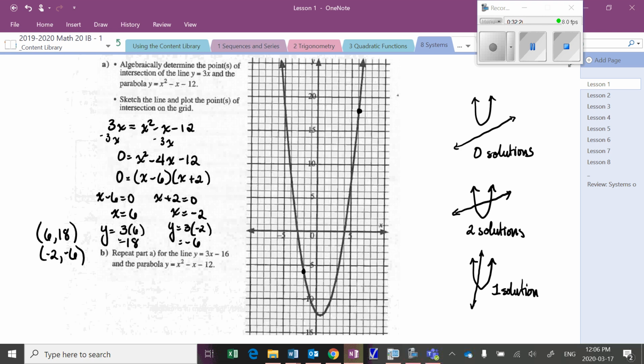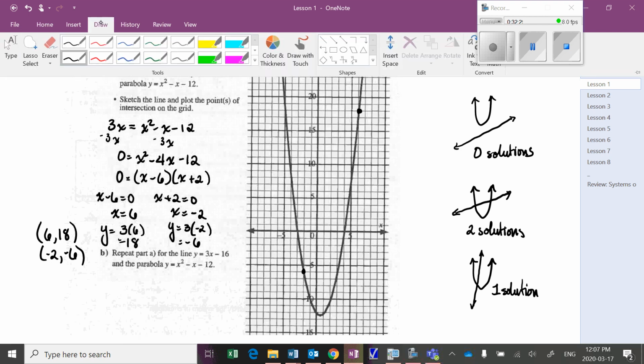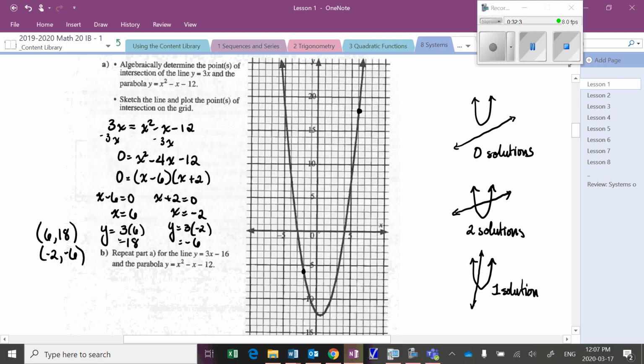At the same time, I want to check by graphing, since x squared minus x minus 12 is already graphed for me. y equals 3x is super simple, or should be super simple to graph. So if it's in the form of y equals mx plus b, our y-intercept is obviously the origin, so it goes through the origin, and the slope is positive 3. So rise 3, run 1, rise 3, run 1, rise 3, run 1, and so on.